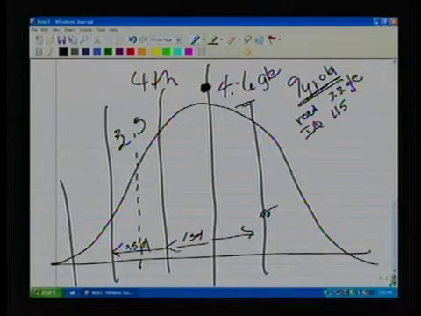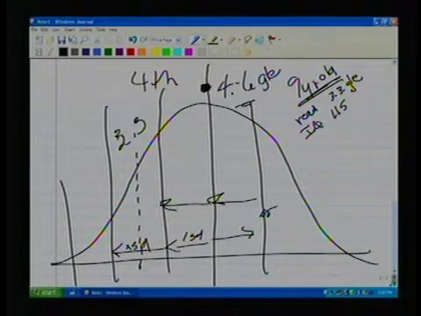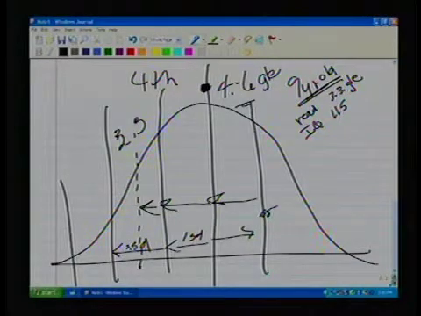So if we looked at this child, how much difference is there between his IQ and his reading ability? Well, it's about 2.5 standard deviations, right? Because we've got 1 here, 1 here, and 2 here, and about a half right here. And that's how we determine that a child has a learning disability.